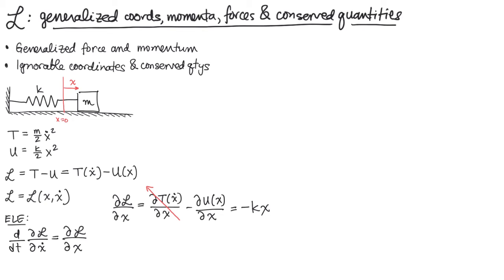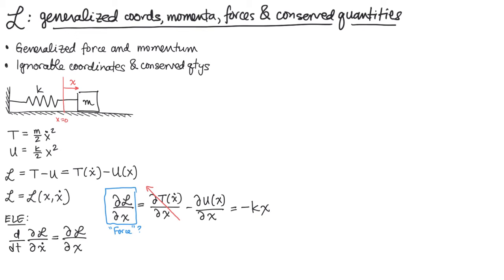So we've learned something here. It sure looks like this term, partial L partial x, is a force. I'll put force in quotes with a question mark because we need to check into that a little more. But in this case, it certainly is the force. It's the spring force.